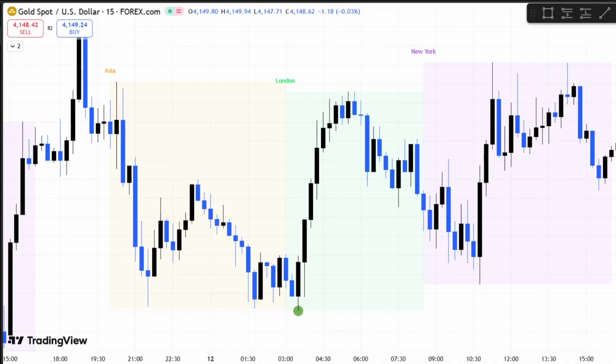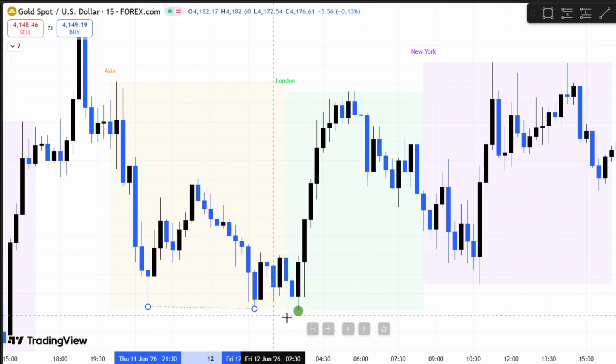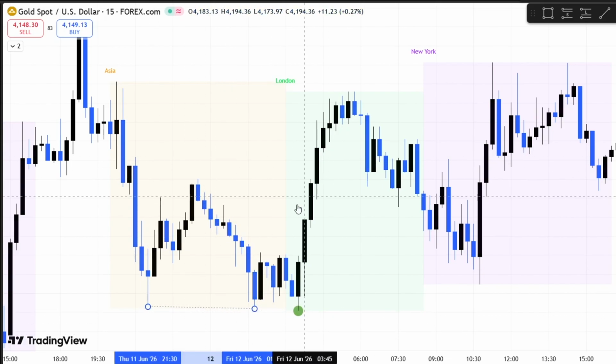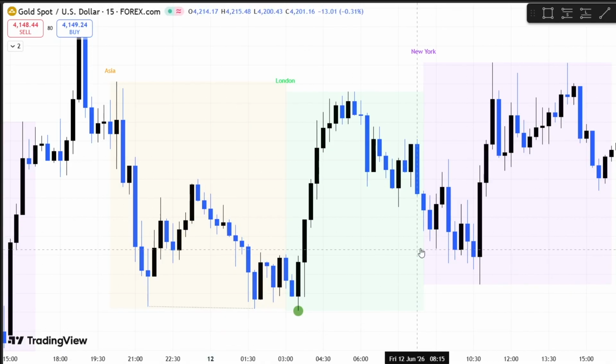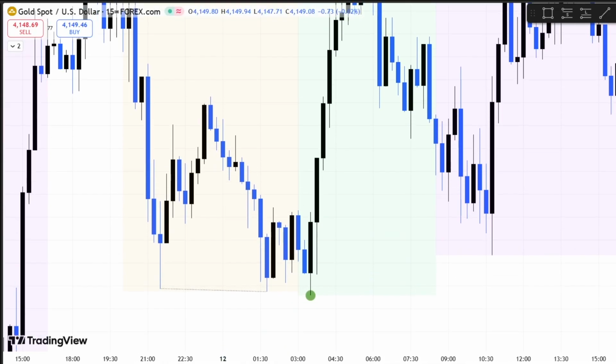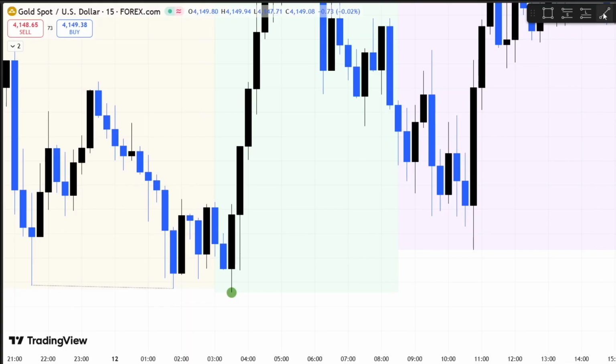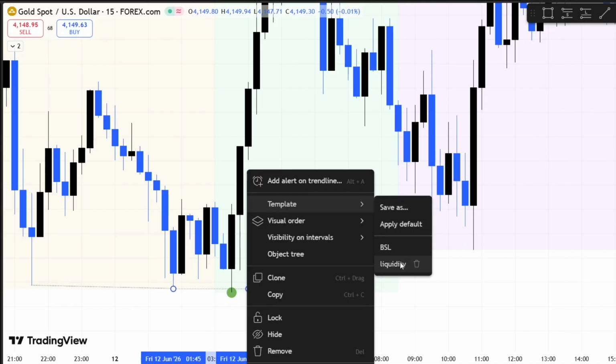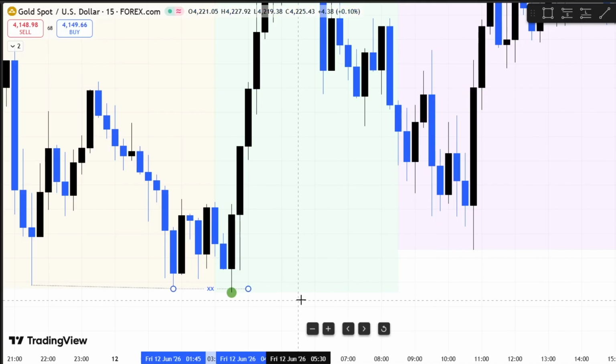Well, for this example, we had our price move up and down. The Asia session was moving up and down, hence creating these double lows or equal lows, and then check what happened. At exactly market open, we sweep the equal lows by a pip. So this strategy is that important.